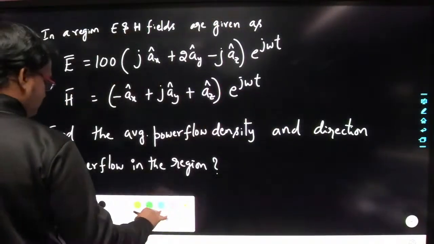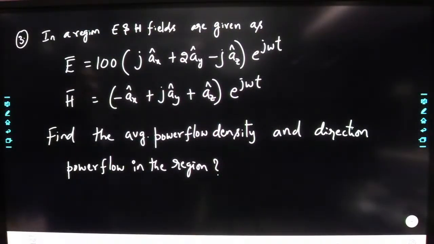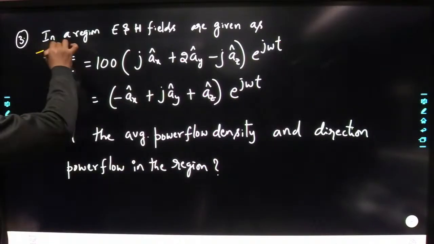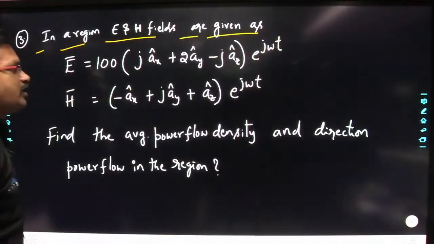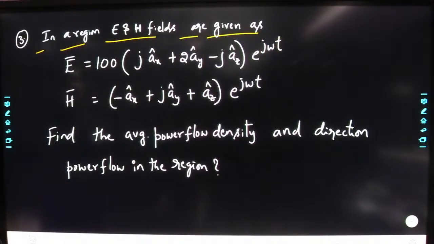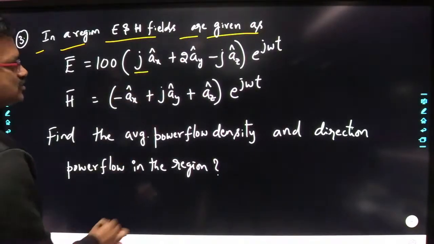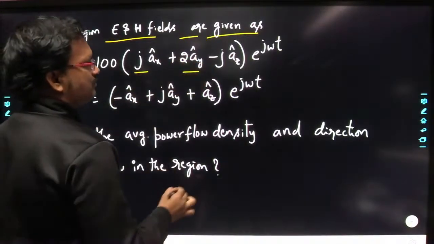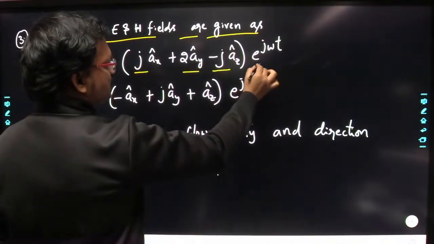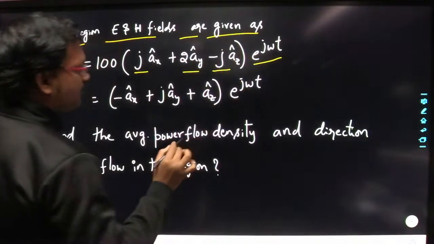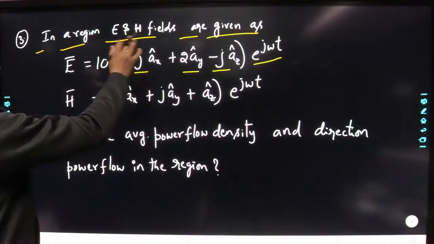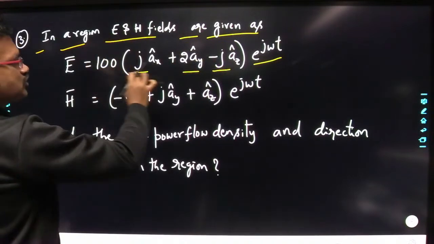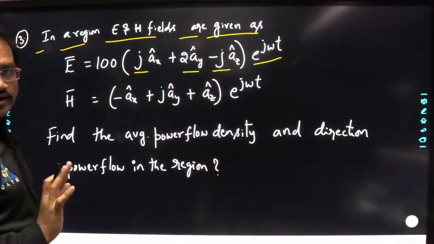So what is the problem they have given? So they are saying that in a region the electric and magnetic fields are given as E bar is equal to 100 into j AX cap plus 2 into AY cap minus j into AZ cap multiplied by e power j omega t. Understood? So here if you observe, the amplitude of the electric field is a complex quantity.